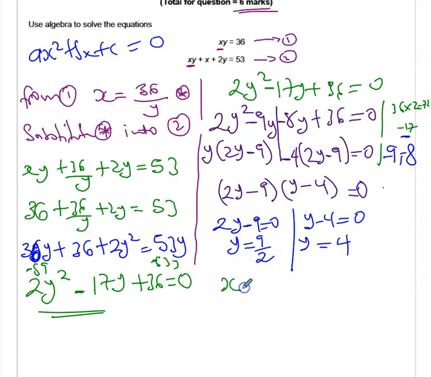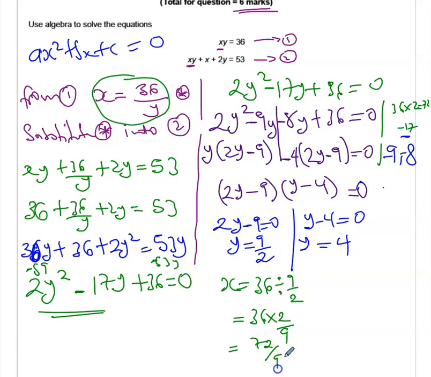So x then will be, going back to what we rearranged that to be, 36 divided by our y, which is 9 over 2. What does that give you? You have 36 times 2 over 9, which is 72, divided by 9, which then gives you 8.